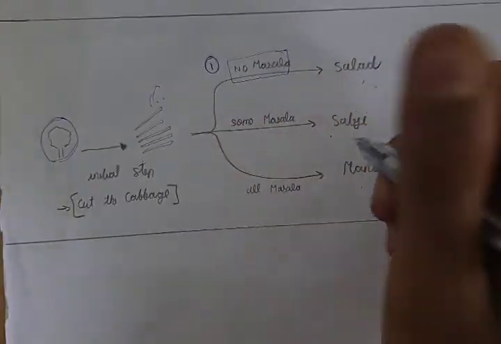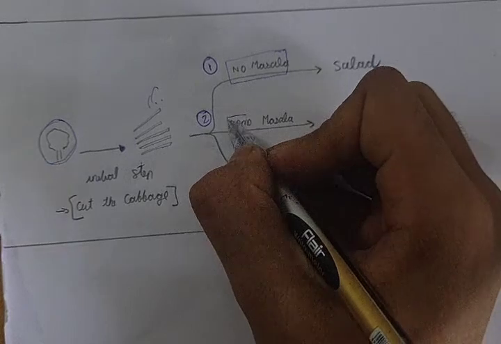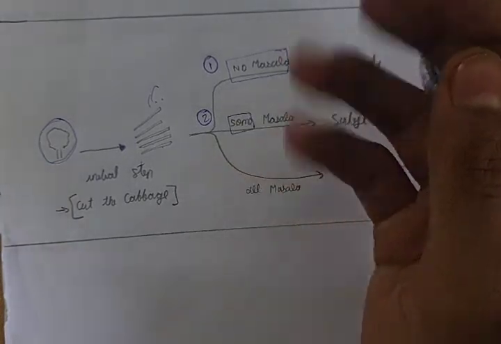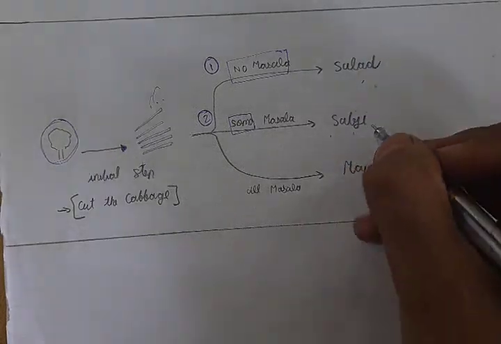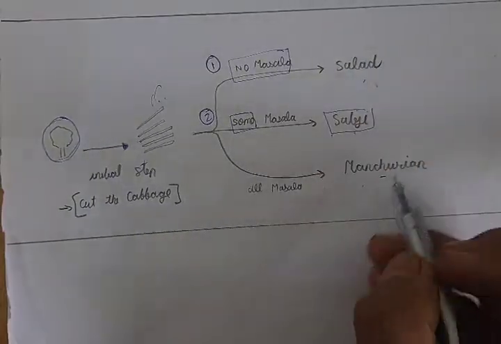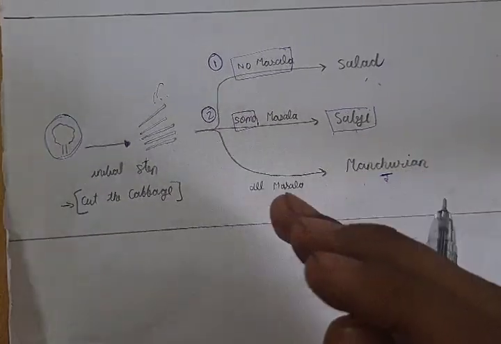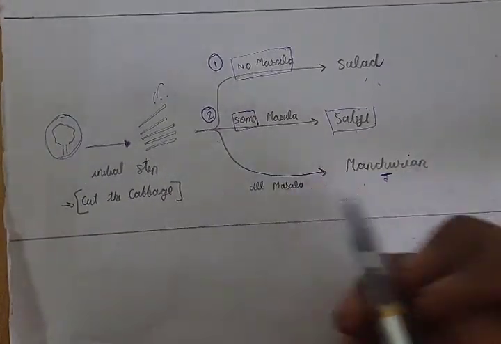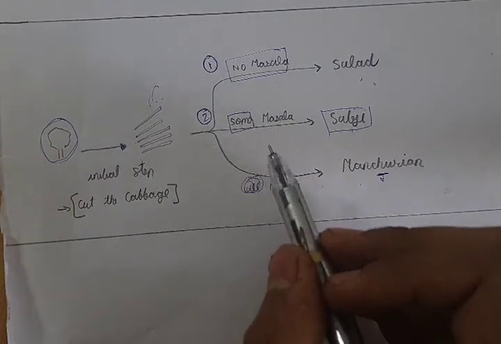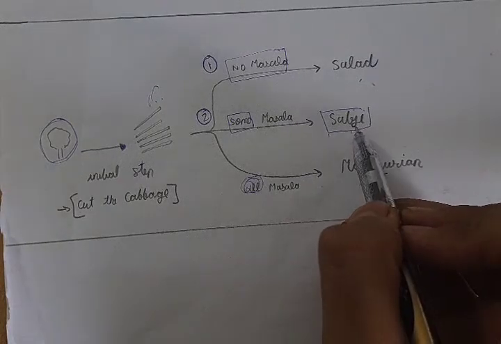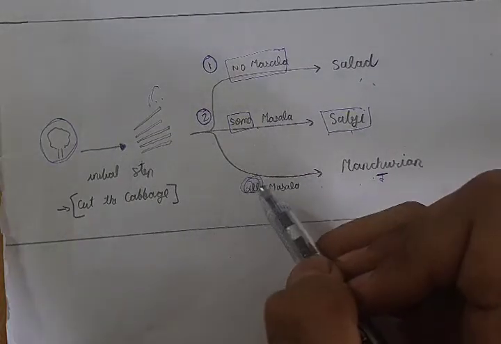The next step, imagine a different condition in which you got some masala. You open the drawer and you get some masala, just enough to make sabji. And for Manchurian, you need Manchurian sauce and all the masalas. So if you get some masala, you will make sabji. And if you get all the masalas required to make Manchurian, then you will make Manchurian.